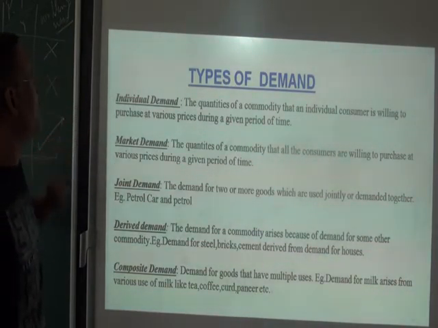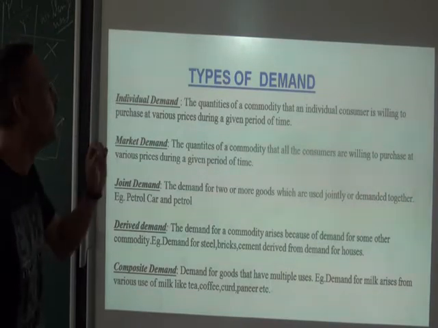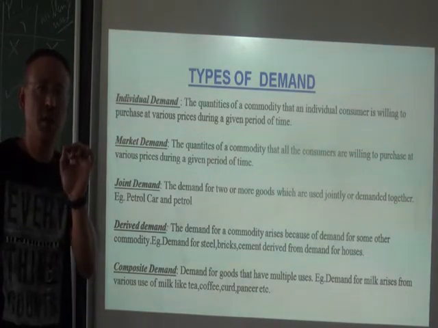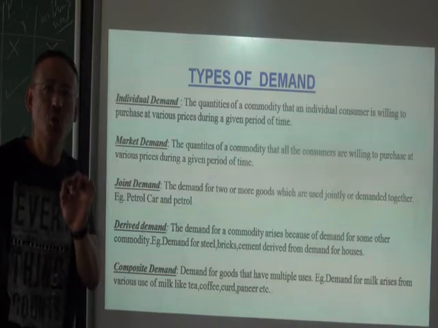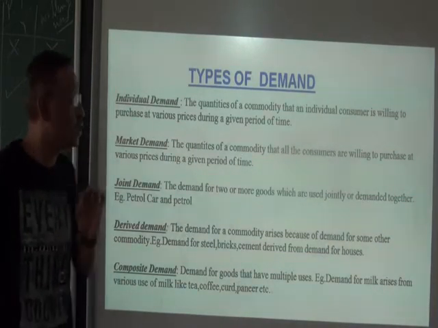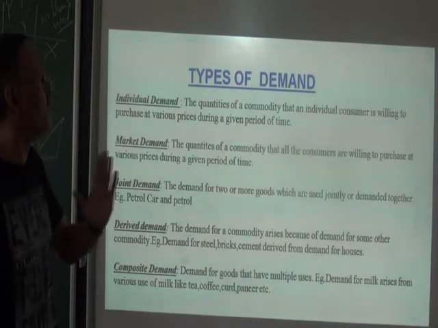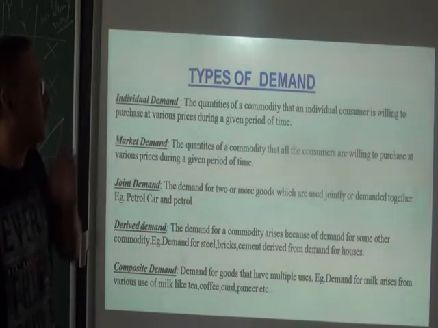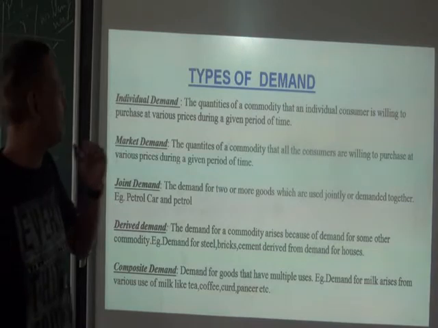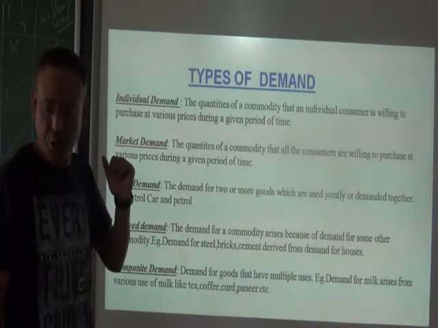Let's take individual demand first. What is individual demand? Individual means a consumer, what you consume, what a household consumes, whatever one consumer consumes at different prices during a given period of time. Actually what it means is, for example, I will show you in short.